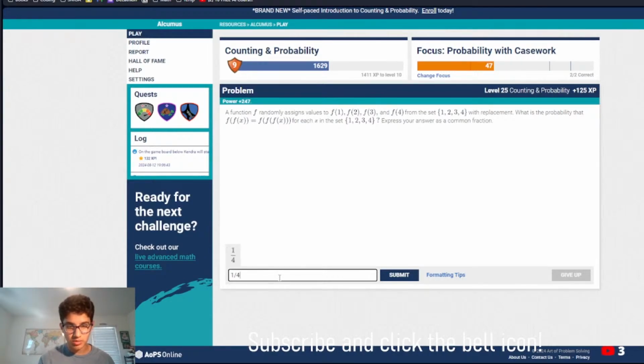Now, because it's saying probability with casework, I think it's more complicated than that, but let's try it. Okay, it's wrong. So let's plug in some values, I guess.